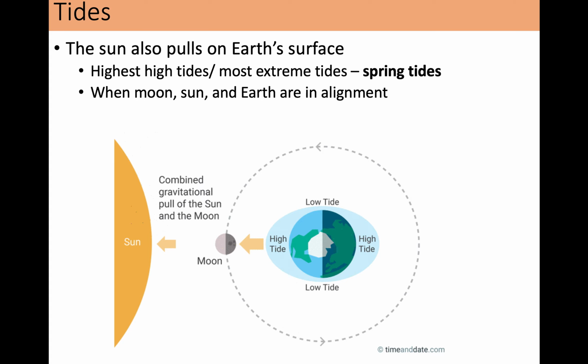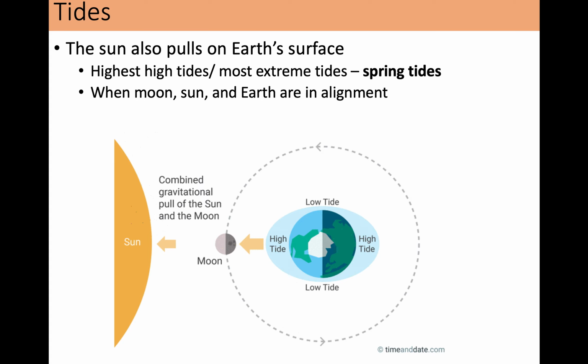So like they said in the video, it's the fact that the sun is also pulling on the Earth's surface. So there's also a gravitational attraction between the sun and the Earth. So sometimes the solar tides caused by the sun align with the lunar tides caused by the moon.